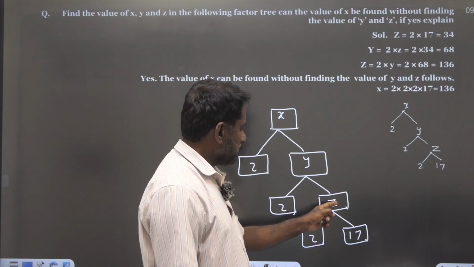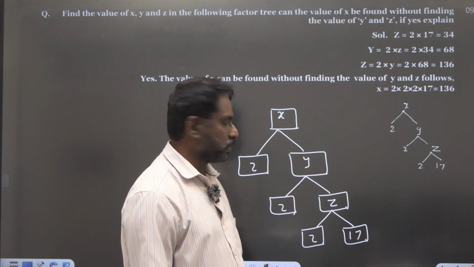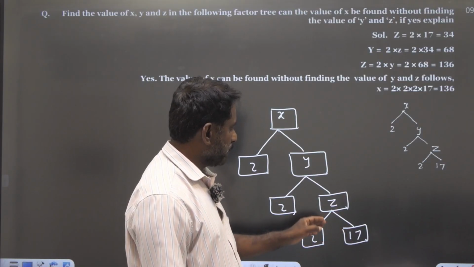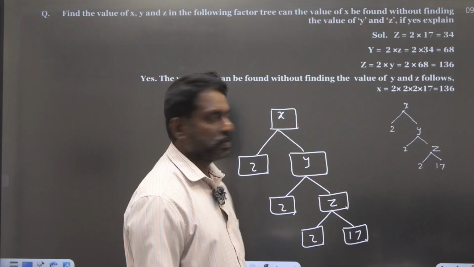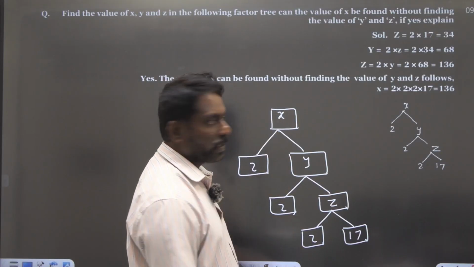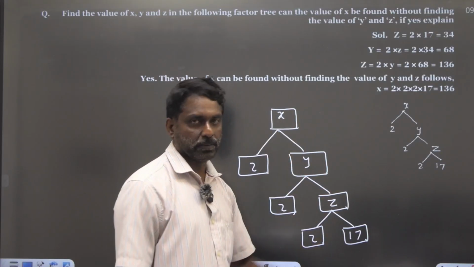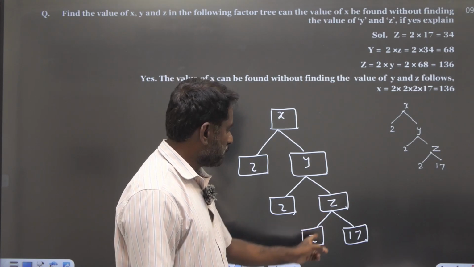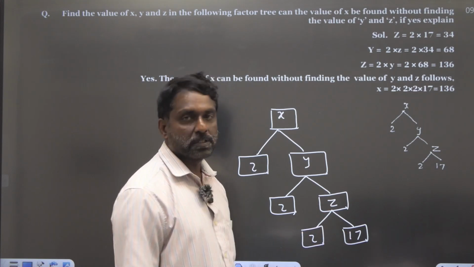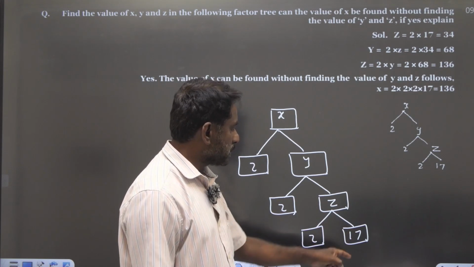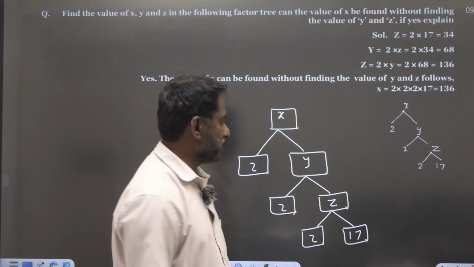Z is the product of 2 and 17, because we start from the bottom, not from the top level. Always start from the bottom. So z can be 2 into 17, because 2 and 17 are the factors of z.